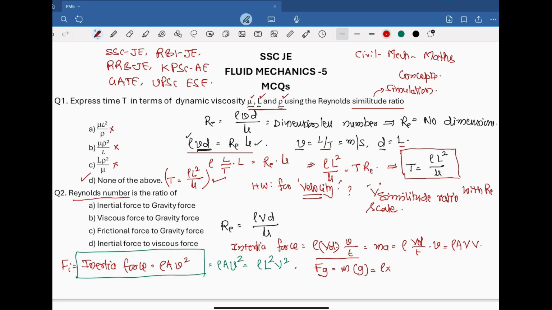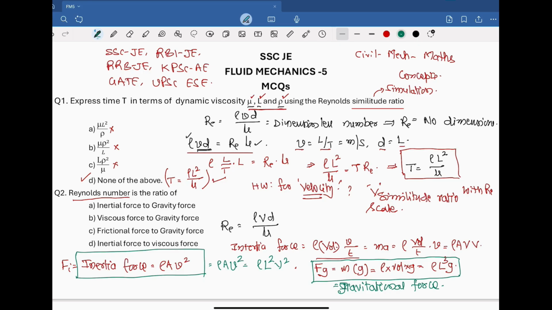Mass is rho into volume into g, that is equal to rho into L cube into g. This is also very very important value. This is the gravitational force. This is the inertial force.